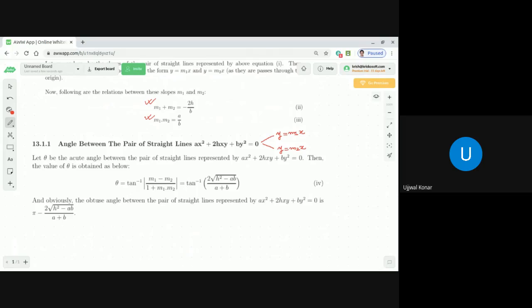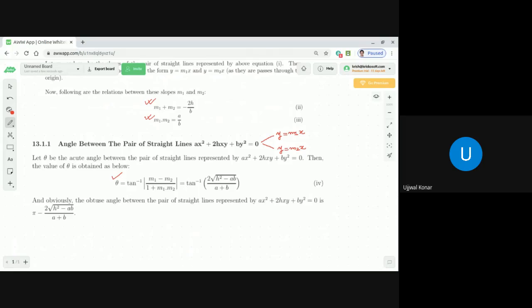This can also be reframed as: let theta be the acute angle between the pair of straight lines represented by y equal to m1x and y equal to m2x. Then theta is the acute angle, so theta is equal to tan inverse of mod of m1 minus m2 by 1 plus m1 m2. That is the angle between two straight lines whose slopes are given.